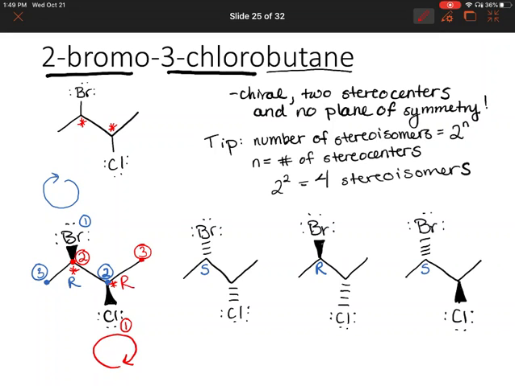R. Okay, so the second stereocenter is also in an R configuration if chlorine is in a wedge position. So I can go through and assign R to the stereocenters that have a chlorine in a wedge position. And then the stereocenters that have a chlorine in a dash position will be the opposite. So I'll assign S to those.